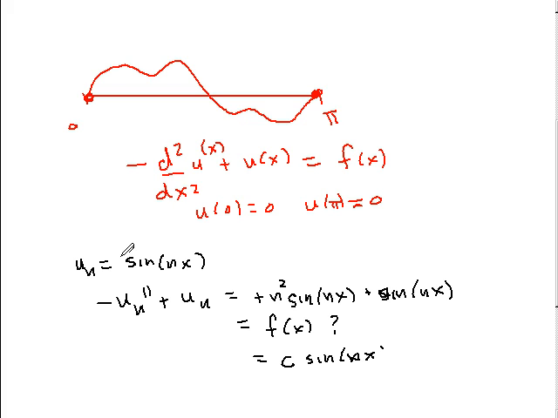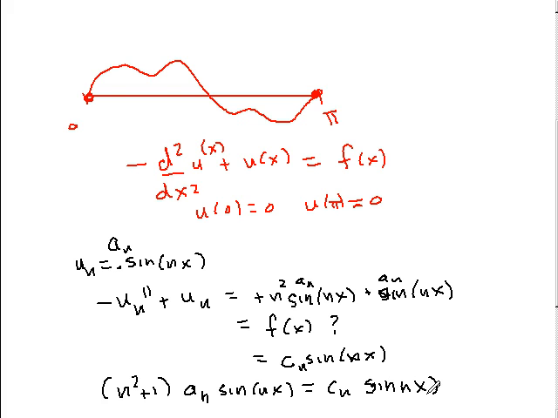Well, actually, I should put an unknown in here because we call that a sub n times sine nx. So then this is a sub n times that, a sub n times that. So we would have n squared plus 1 times a sub n sine nx equals c sub n sine nx.